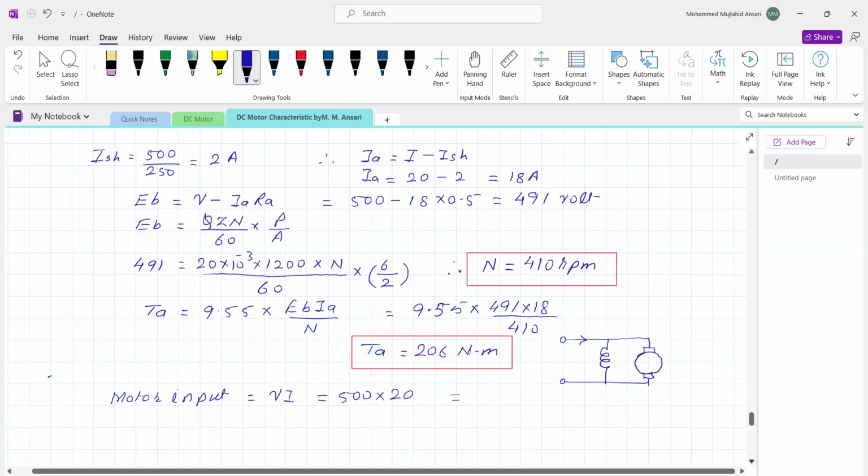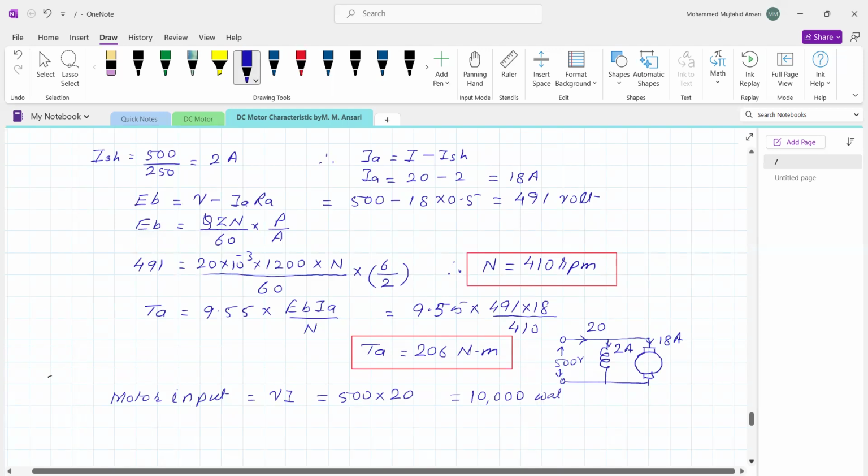This is 18 ampere, this is 2 ampere, and the voltage is 500 volt.